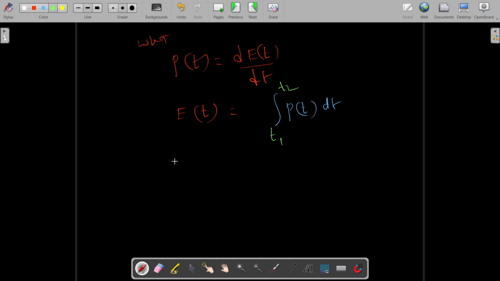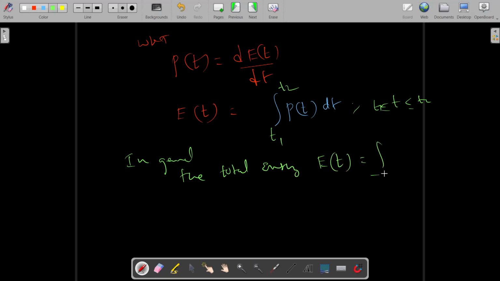So in general, for a particular duration t2 to t1, the total energy E is going to be the integral from minus infinity to plus infinity of P of t into dt.